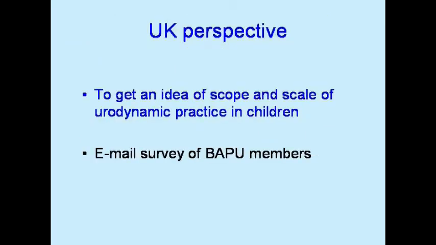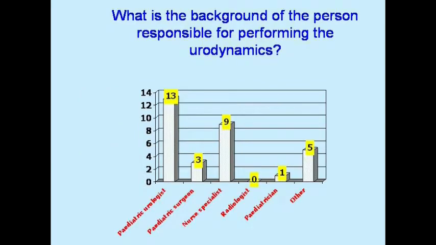And we, as a group of pediatric urologists in the British Association of Pediatric Urology, conducted a survey just to get an idea of what exactly is the practice of urodynamics in our country. It was a questionnaire, and 19 institutions responded. It was interesting to see that pediatric urologists were involved in many centers.